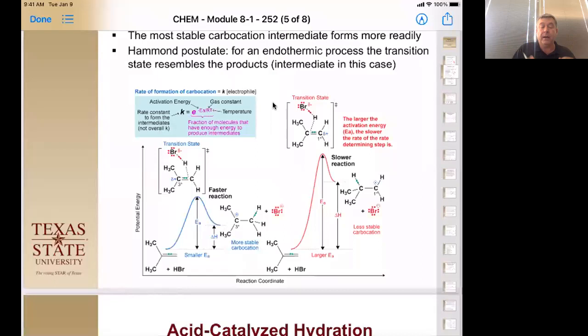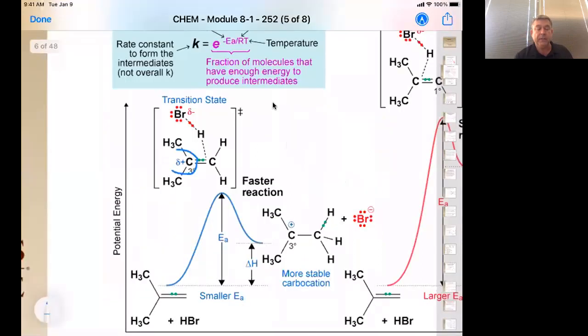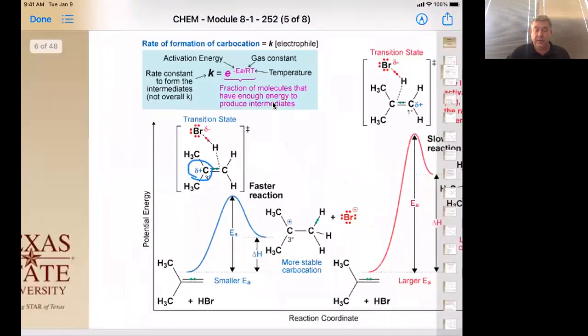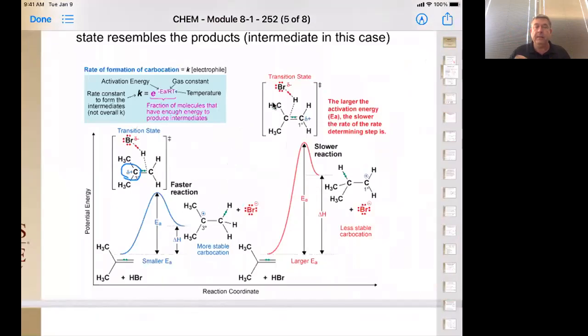The partial formation of the transition state, where we're starting to form our partially positive carbon on that more substituted carbon, is a lower activation energy and therefore a faster reaction and is our primary, if not only, product from this reaction. Okay, so that partially positive formation during that transition state is the driving factor to tell us which carbocation is formed.